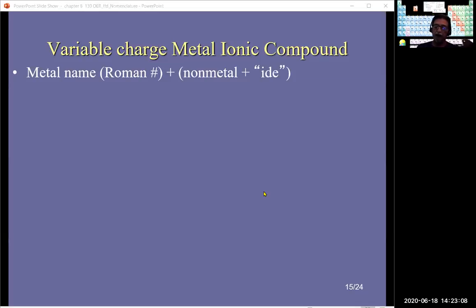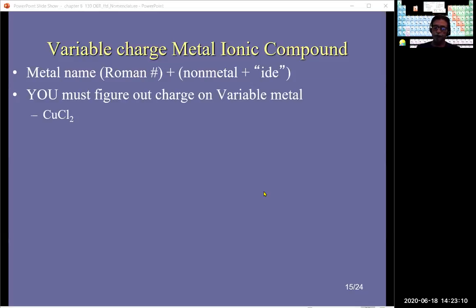and add IDE. So you're given this and you're thinking, okay, I got Cu, which you recognize as copper. Next question to ask yourself, copper, is it part of the 16? The answer is no. That means I got a variable. So how do I know what the charge is? Well, you look at the chloride. You know that the chlorides are -1, and you got 2 of them.